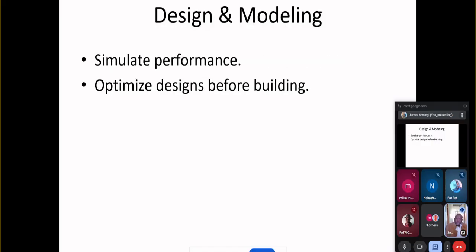Then the fourth stage is where you come up with a design and you model. So you simulate performance. Even people who do building architecture build models, and these models simulate performance. If you watch videos of people designing high-rise buildings, they build a model and simulate wind conditions with moving air.